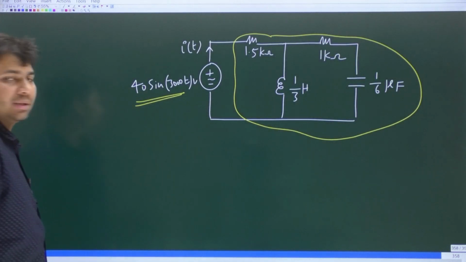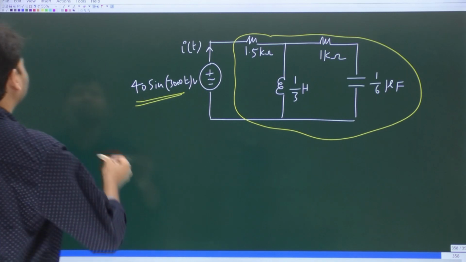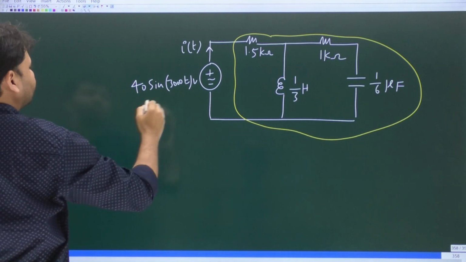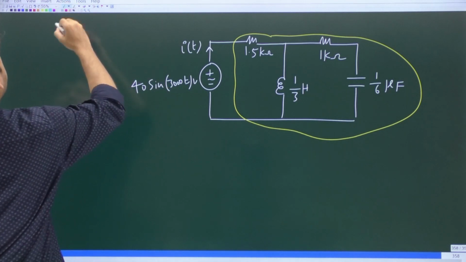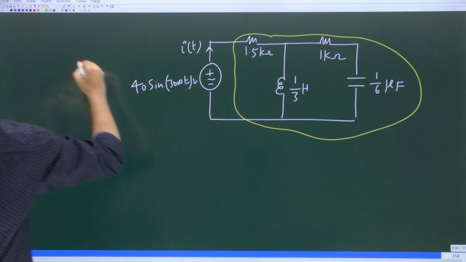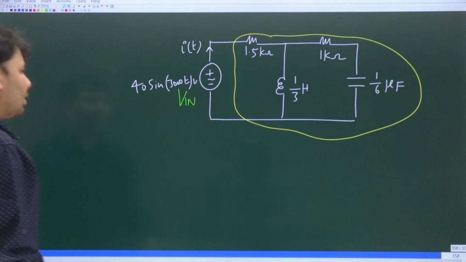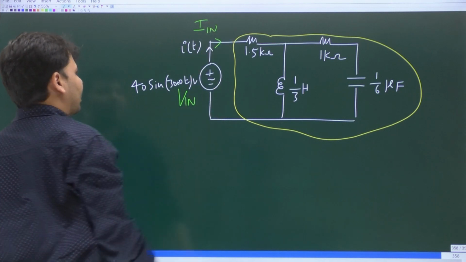So again, I've drawn the same network. So 40 sin 3000t. Let this be IN, the phasor input current.